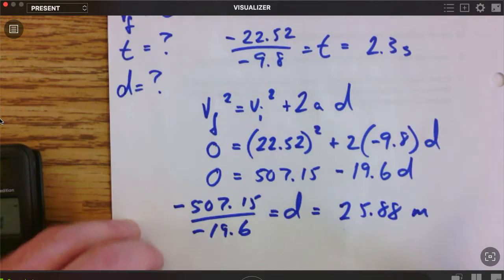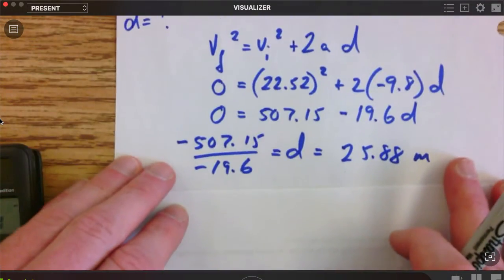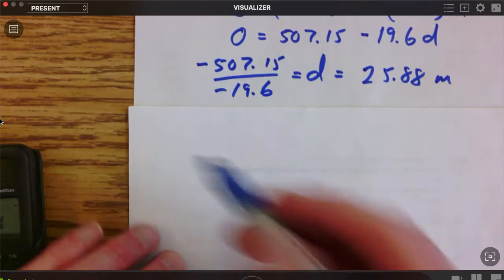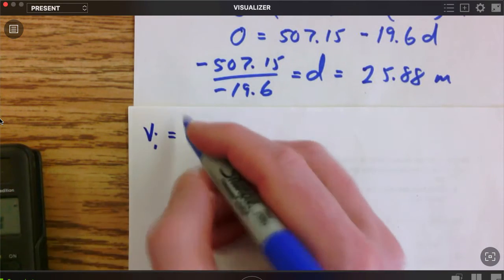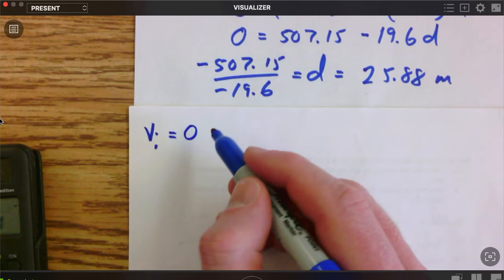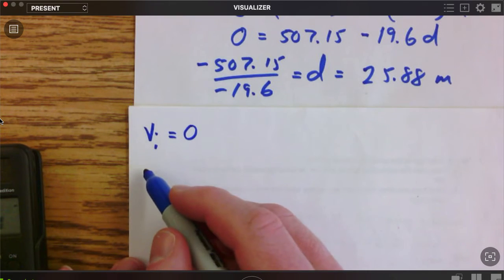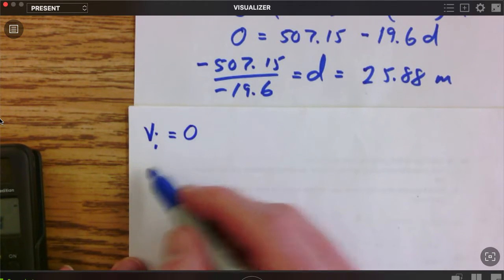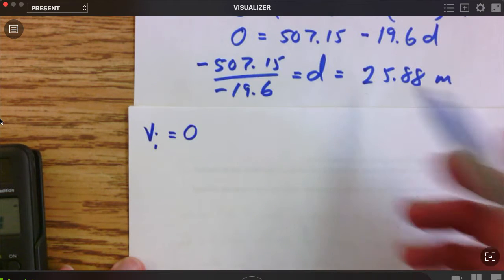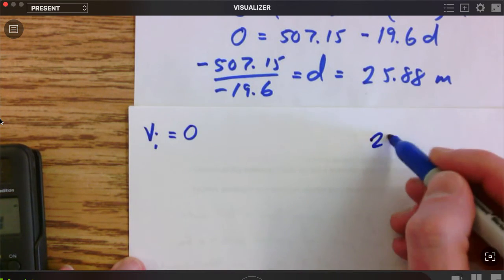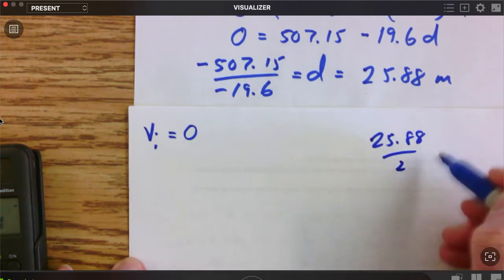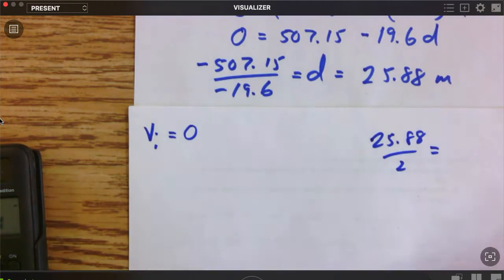Okay, so I'll just start filling out information here. So Vi equals 0. The displacement, so to fall, so this is 25.88 divided by 2, which is 12.94.